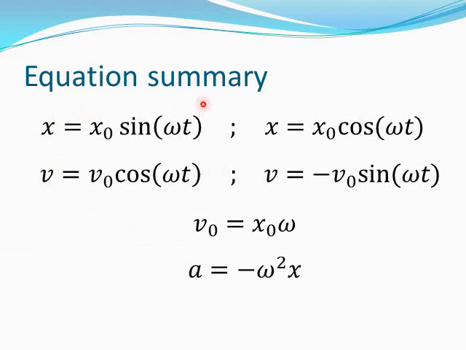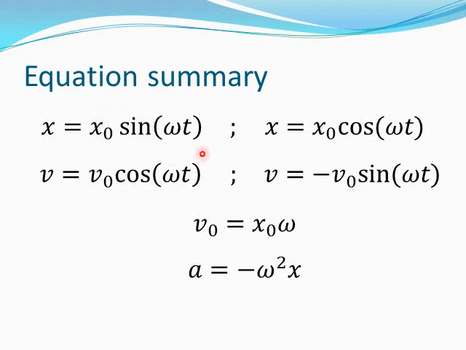So these two are paired together. When your position is a sine function, your velocity is a cosine. And these two are paired together. When your position is a cosine function, your velocity will be a negative sine function. And you can use this method to always remember the equation or the shape of the equation for your position and your velocity. If you want to know acceleration, you've just got to remember this equation.